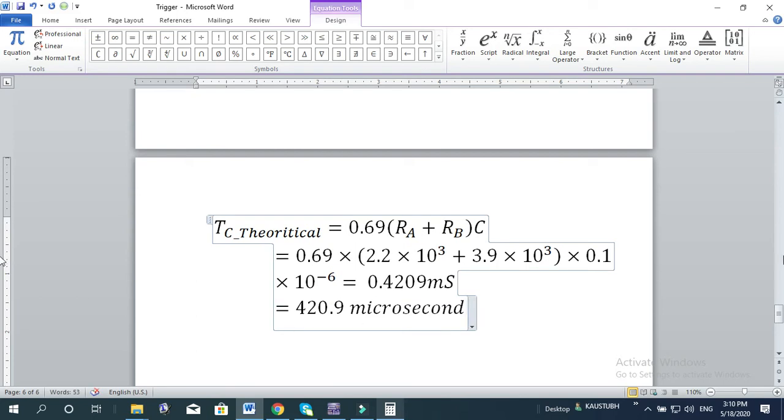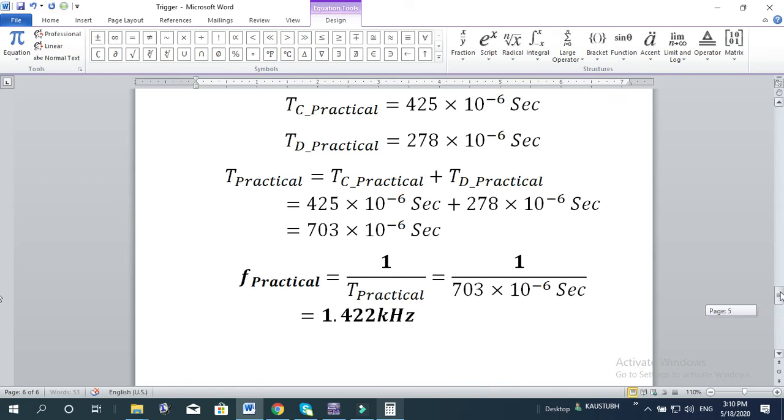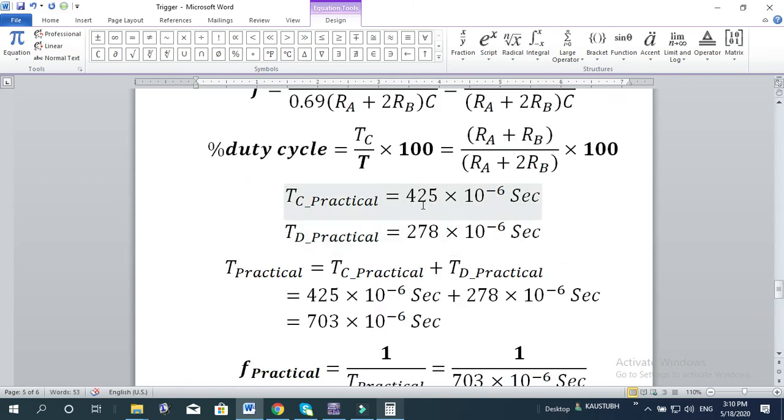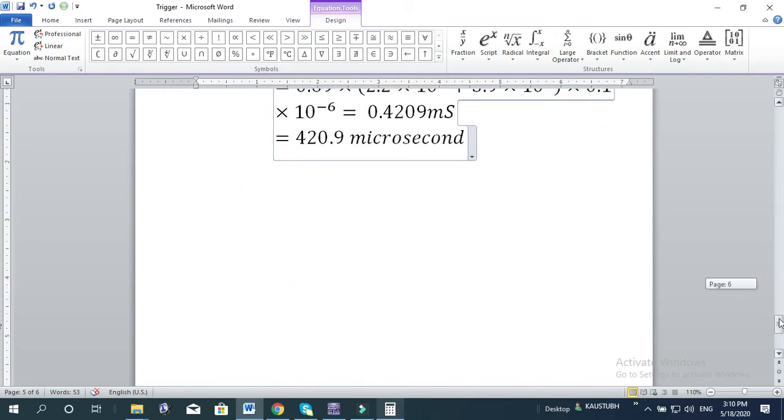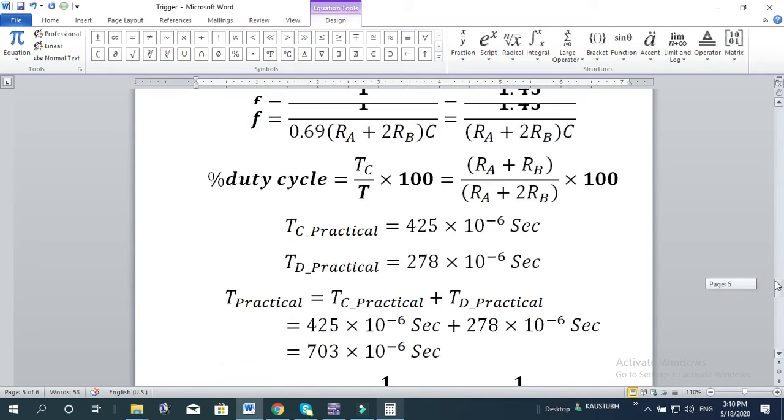Okay. So here the TC practical was 425 microsecond, and here it is 420.9 microsecond.